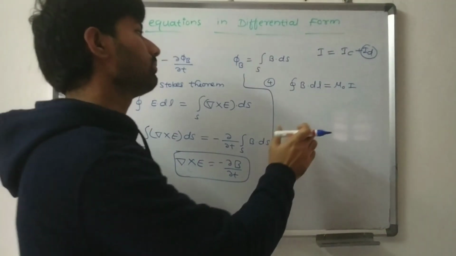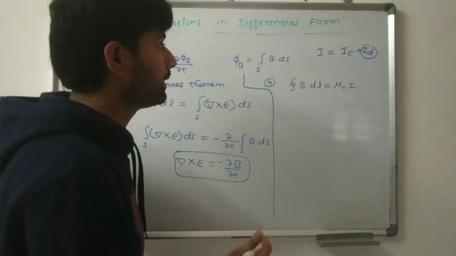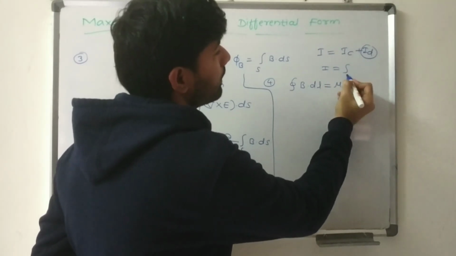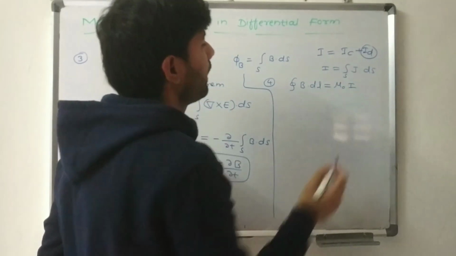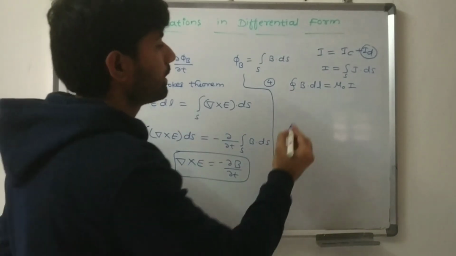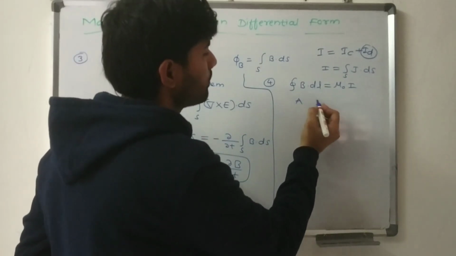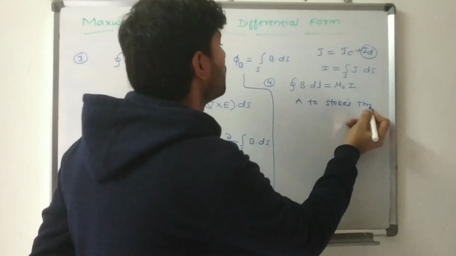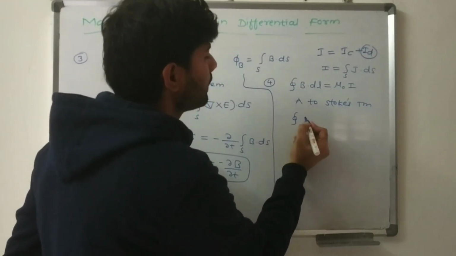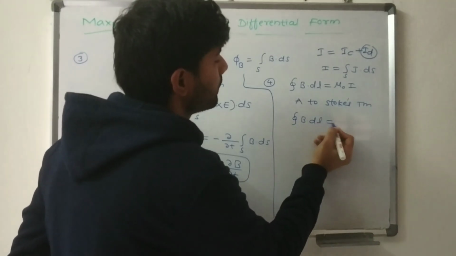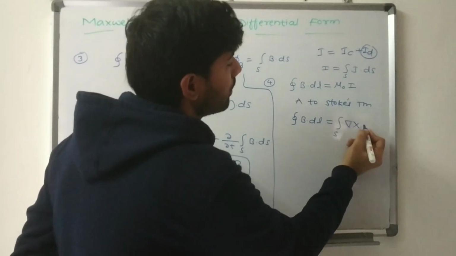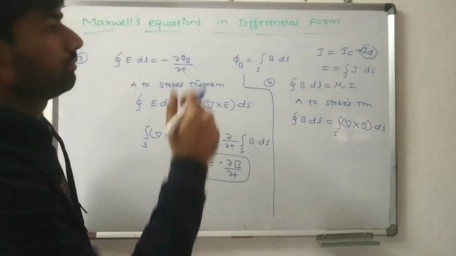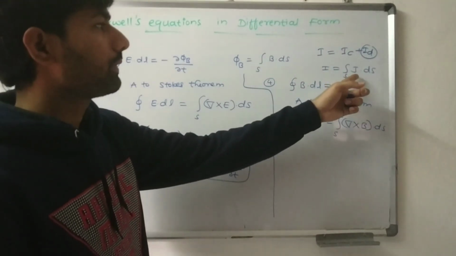Up to now we just derive the equation in this form. I can be replaced as the surface integral j dot ds and the b dot dl can be written from the Stokes theorem. According to Stokes theorem we could write line integral of b dot dl is equals to surface integral of del cross b dot ds, and I can replace that with surface integral j dot ds.